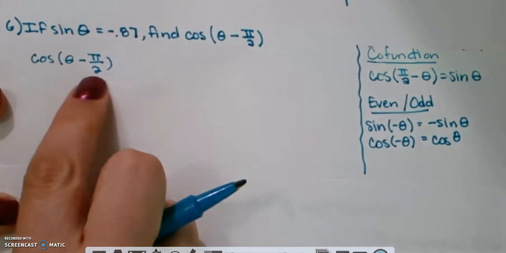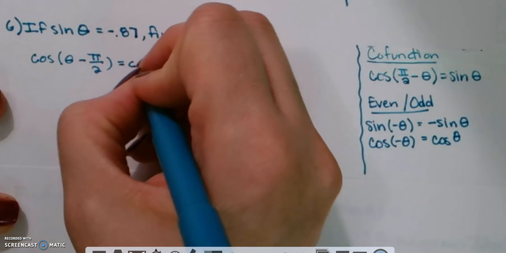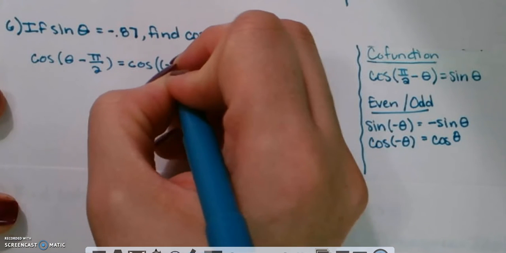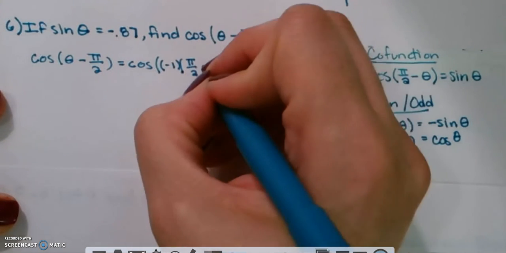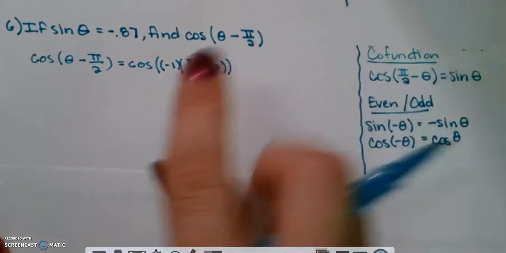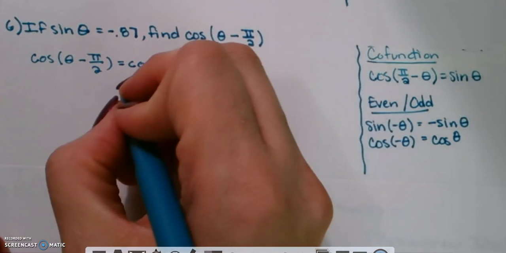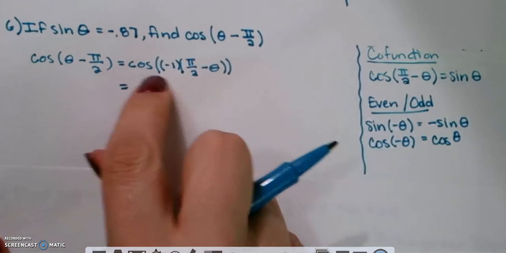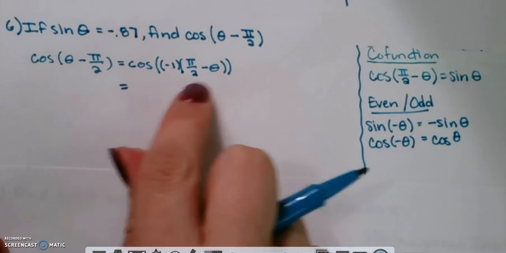This is in the wrong order. So you have to factor out that negative 1 again. That's going to switch the order of those terms. And because cosine is even, the cosine of negative something is equal to the cosine of the positive something.